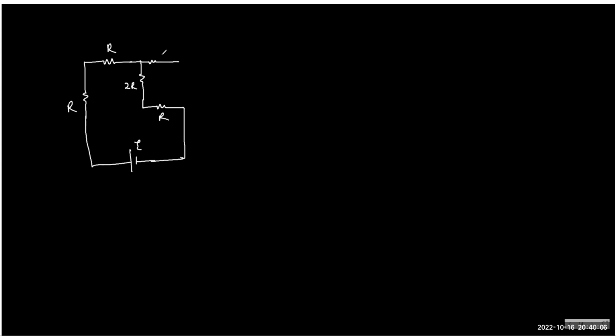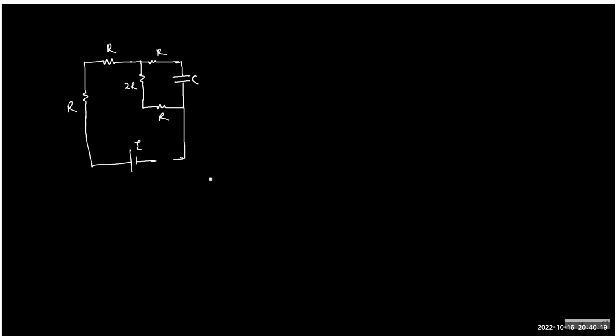So if I give you a circuit like this, R, R, E, R, C. I must give a switch.